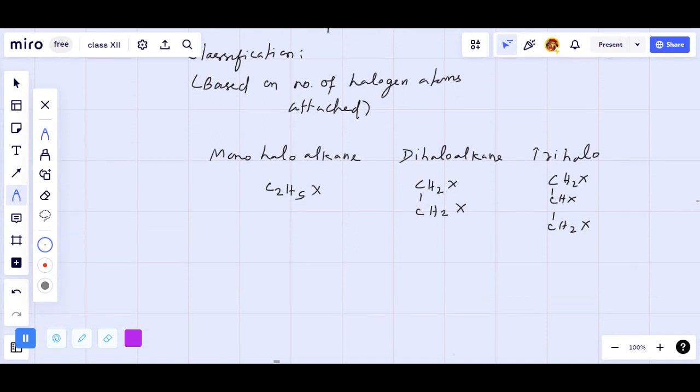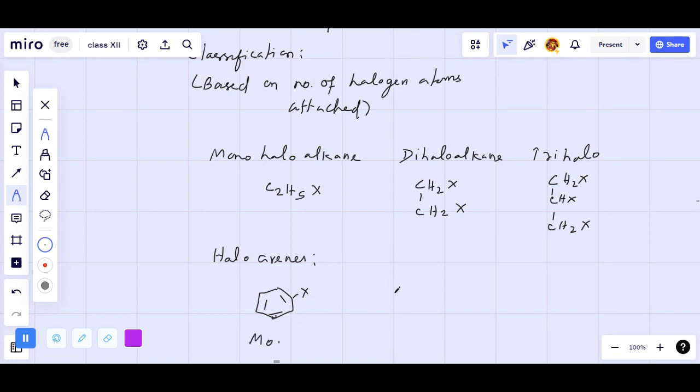In the same way, we can classify mono haloarene, dihaloarene, and trihaloarene for aromatic compounds. If one halogen atom is attached to this benzene ring, this is mono.